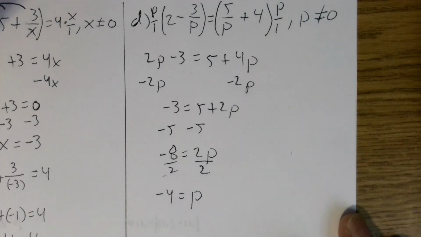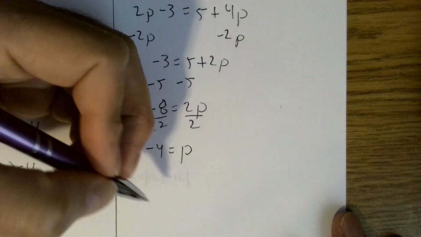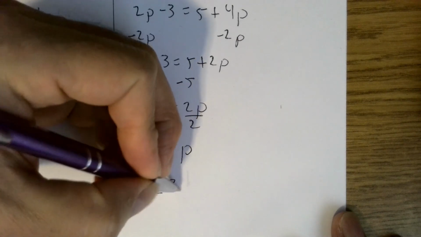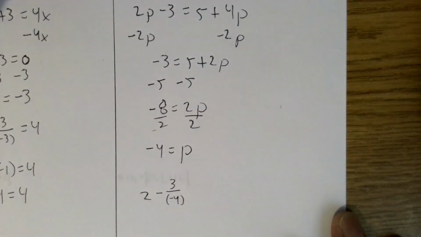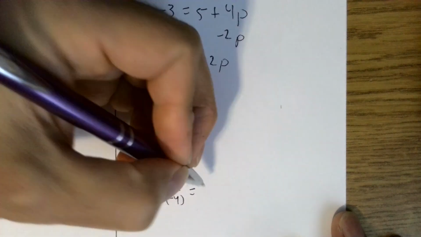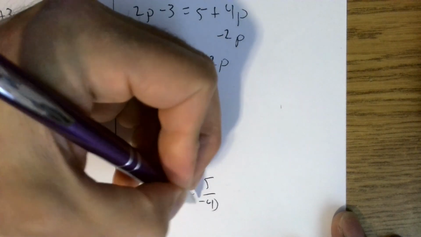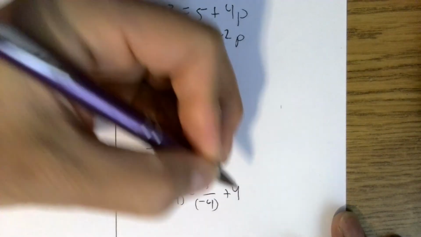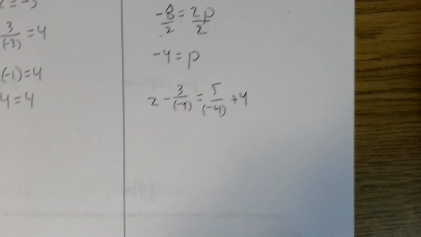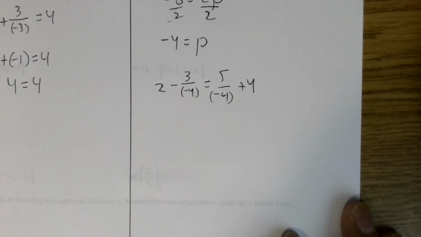Okay, let's do our check. Write it exactly the same as the original, except for we're going to put a negative 4 in brackets instead of the p. There we go.